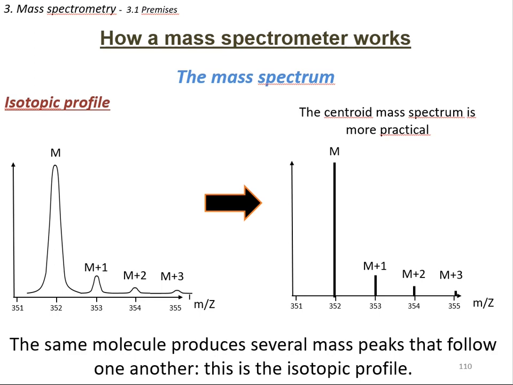It can be a C13 or it could be, I don't know, N15 or a deuterium and so on. Well, given the relative abundance, in fact, it's usually C13. And then you have M+2, which are the molecules that contain 2 heavy isotopes, and M+3. And then it's so small that you can barely find them. So for a molecule, you have an isotopic distribution of different mass peaks that correspond to their content in heavy isotopes.